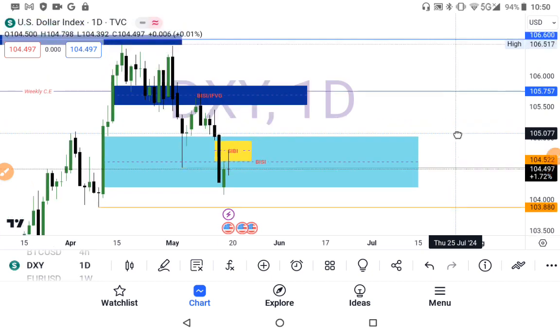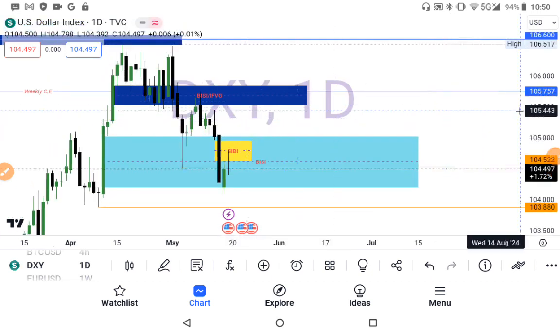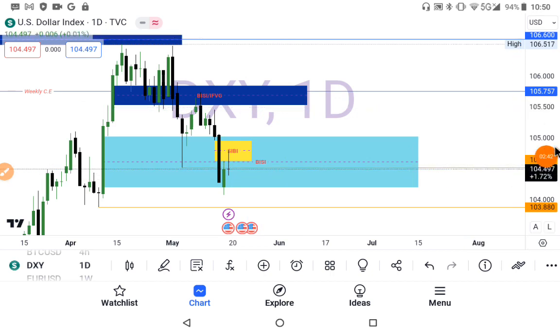As you can see, the market has been trading below 105.757, which has led us finally into 104.522. Is that a coincidence?